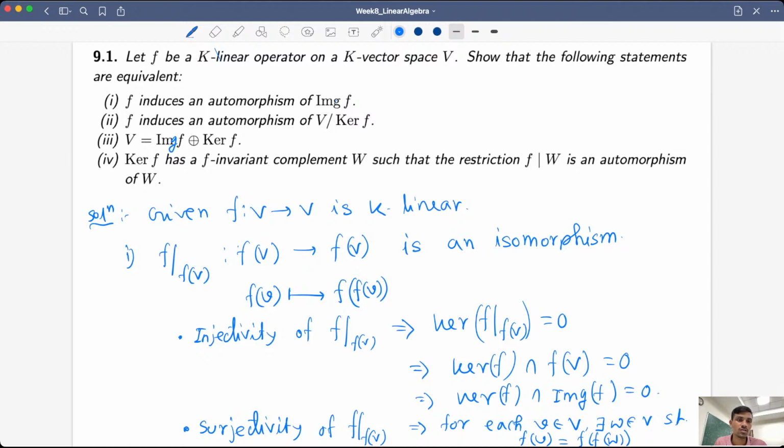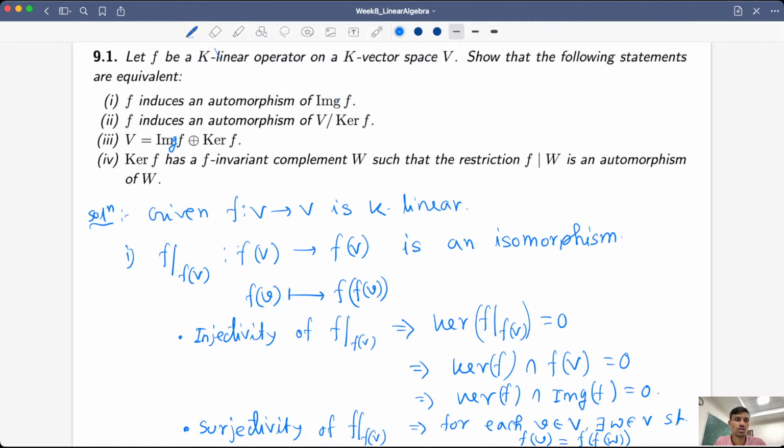But we have just shown from this relation that 3 if and only if 1. So if I have V equal to image F plus kernel F, then I know that F restricted to image of F is an automorphism, and already image of F is a complement of this kernel F, because kernel F plus image F is V. So this is the required W. So I just take W equal to image of F, then everything follows.